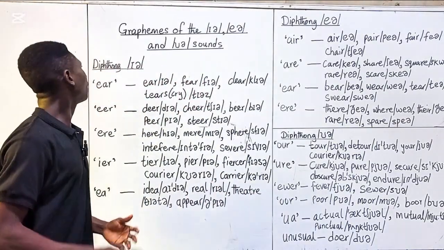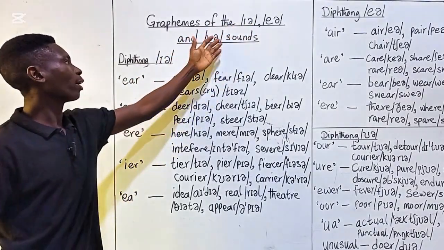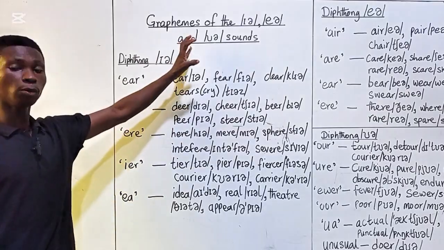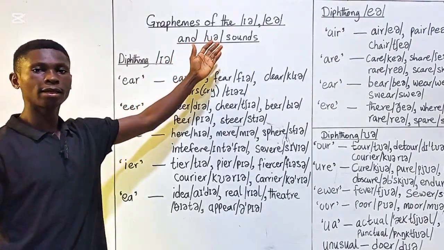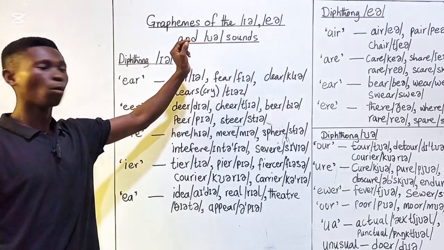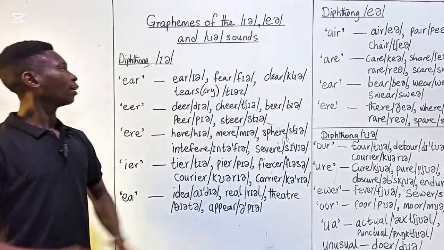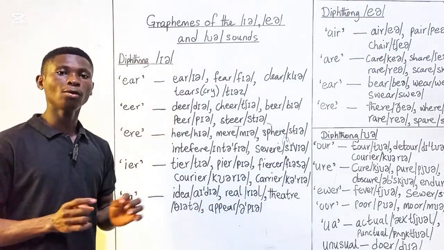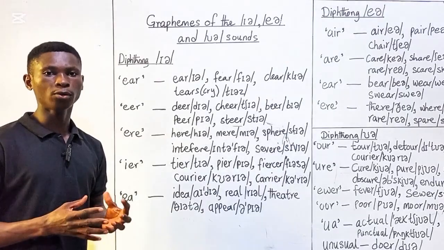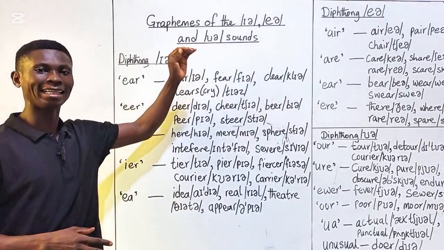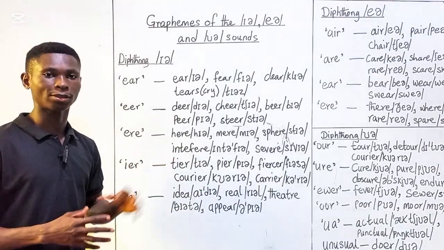All right, so here we have the graphemes of the ear, air, and or sounds. And if you notice here, you will agree with me that the three diphthongs end with the schwa sound. The schwa sound is a central vowel sound, as illustrated previously in the vowel chart. We have the schwa sound at the middle of the chart, both in height and in part.